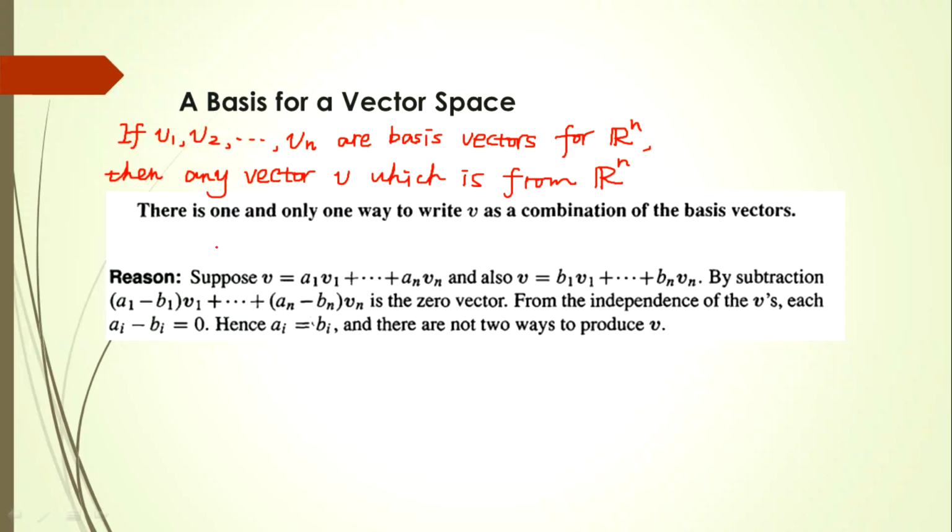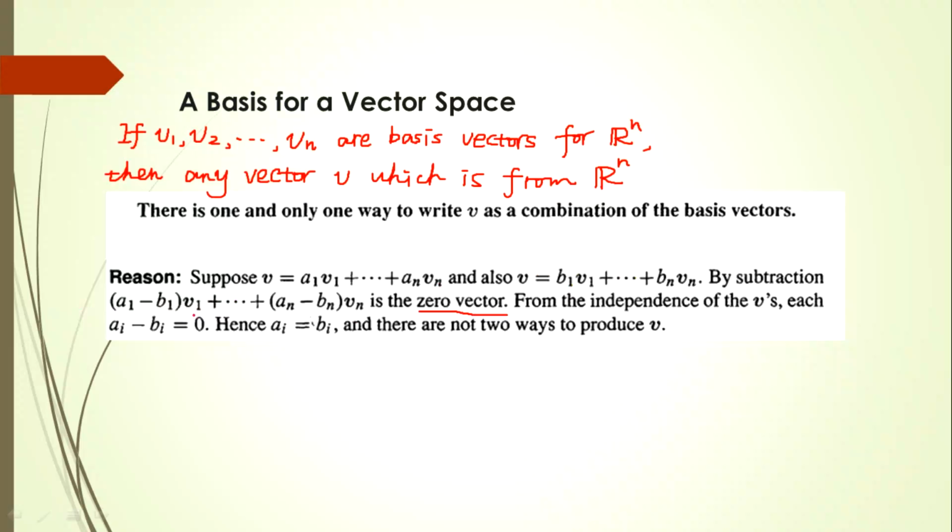If v can be expressed as a1v1 plus a2v2 plus anvn, and also the vector v can be expressed as b1v1 plus b2v2 plus bnvn, then by subtraction we get the zero vector, v minus v, and the right side will be (a1 minus b1) times v1 plus (a2 minus b2) times v2 plus (an minus bn) vn.